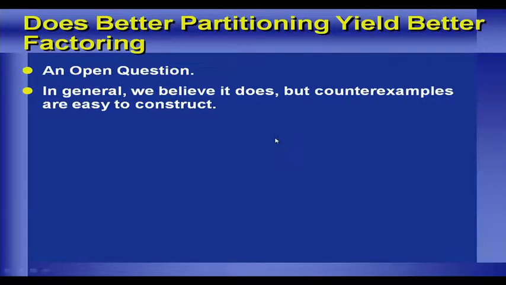There's a kind of fundamental question: does better partitioning yield better factoring? That is, this partitioning is somewhere inside my algorithm as a sub-algorithm. Well, if you partition better, did that result in better factoring? Or maybe it didn't.